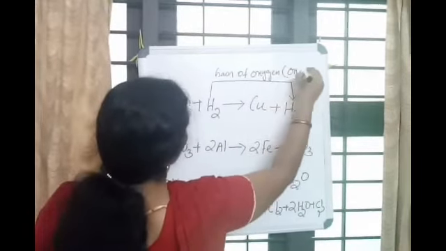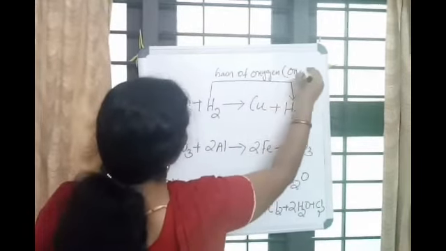And what about here? In case of Fe2O3 plus 2Al gives 2Fe plus Al2O3, what happens to the aluminium? Aluminium gains oxygen. Gain of oxygen is oxidation. And what happens to the Fe2O3?